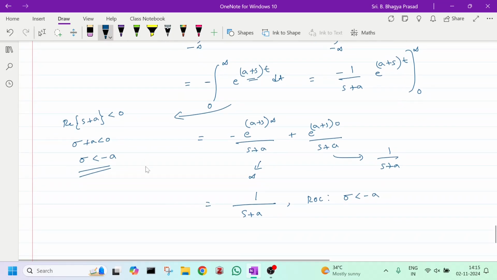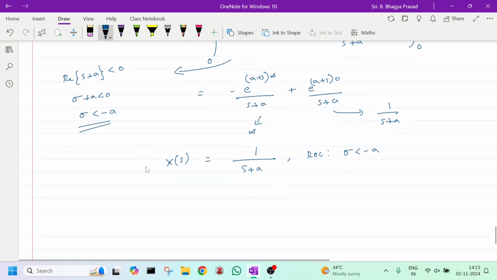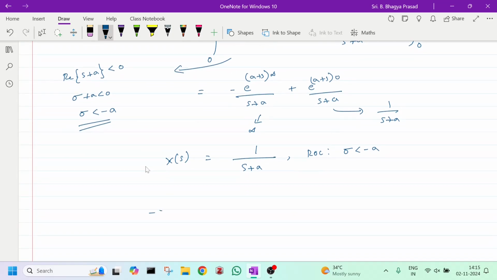Okay, so this is the Laplace transform for the left sided signal minus e power minus at u of minus t, that is 1 by s plus a, sigma less than minus a.